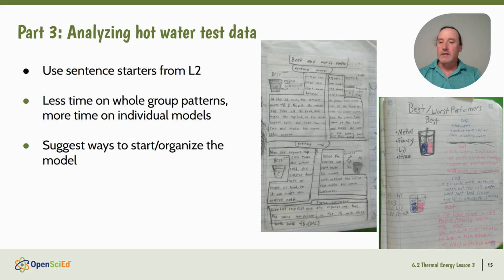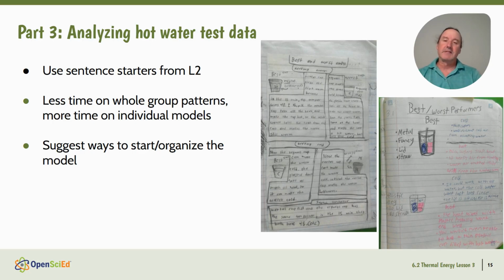I want to bring you back to that part 3 where they are making their best and worst cup models. One of the things that happens is they don't know how to start. And so I usually give them a couple of suggestions, or I ask the class to have a couple of suggestions, like how would we create this in our notebook?